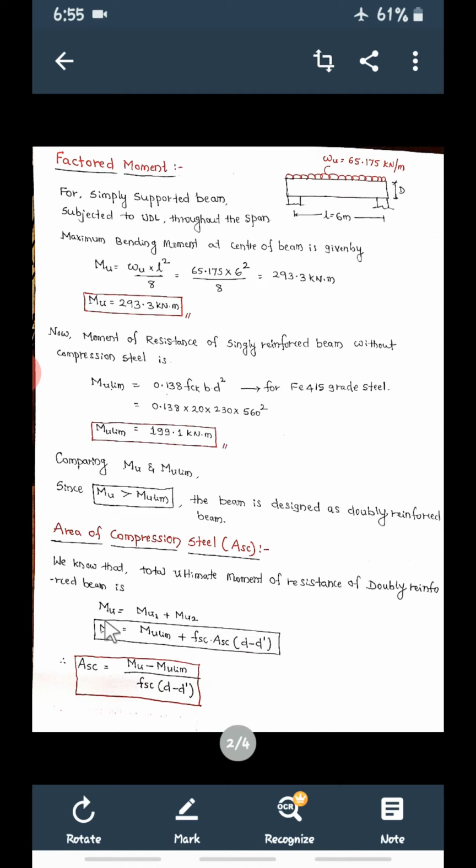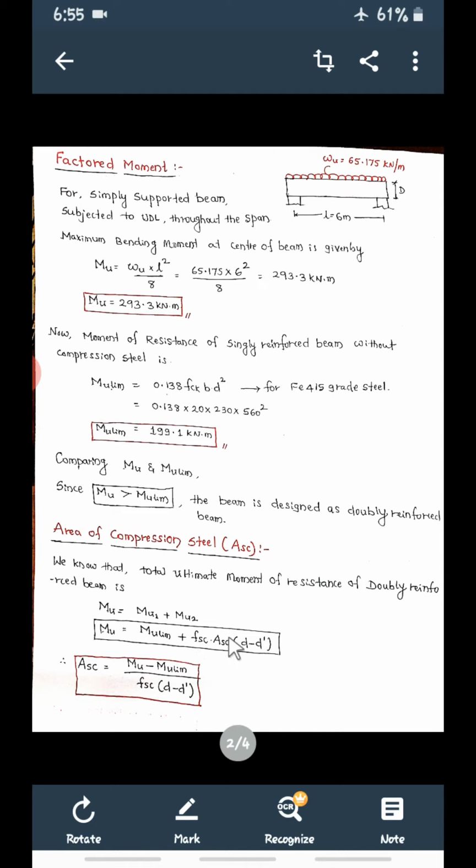MU1 is nothing but MU limit, the maximum moment of resistance of a singly reinforced beam, plus MU2, the moment of the steel beam. Moment means force into perpendicular distance. Force is stress into area, stress FSC, area ASC.